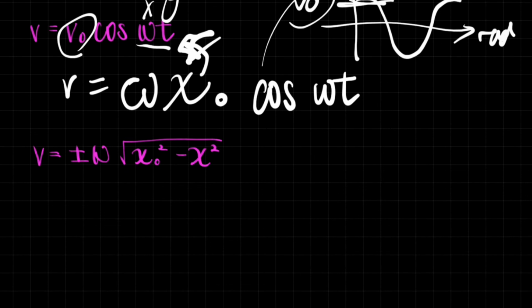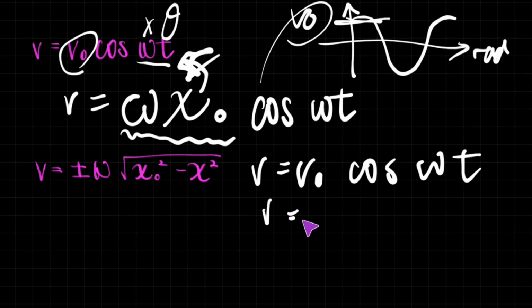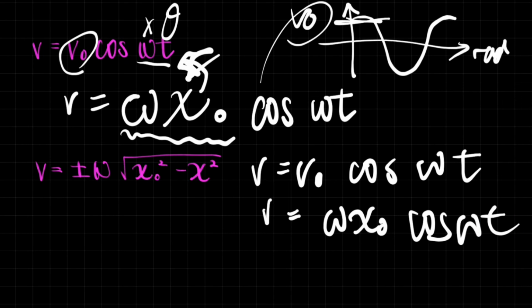But before that, we can also prove why v0 equals this. That's v equals omega x0 cosine omega t. So when does a body in simple harmonic motion have the maximum velocity? Well, it has it when it is at the equilibrium position, when x equals 0.